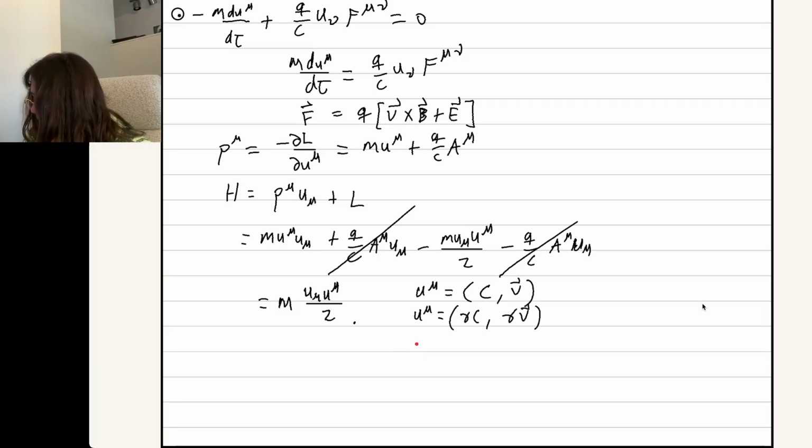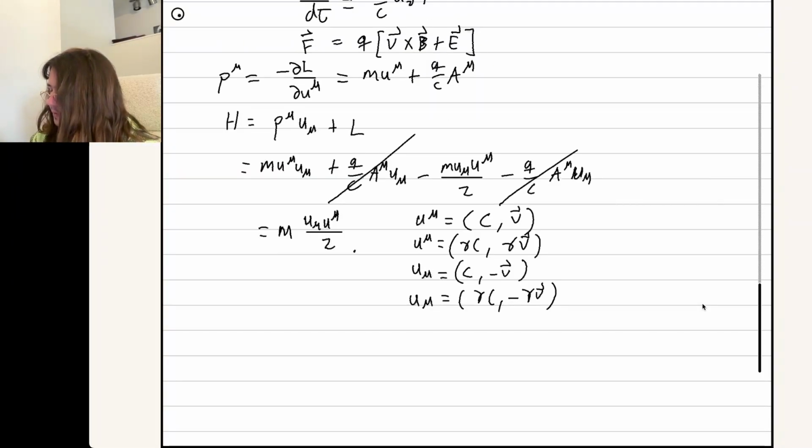But then in the covariant form, you switch the sign, so it's c, minus v, or in the Lorentz transformed version, it's gamma c, minus gamma v.